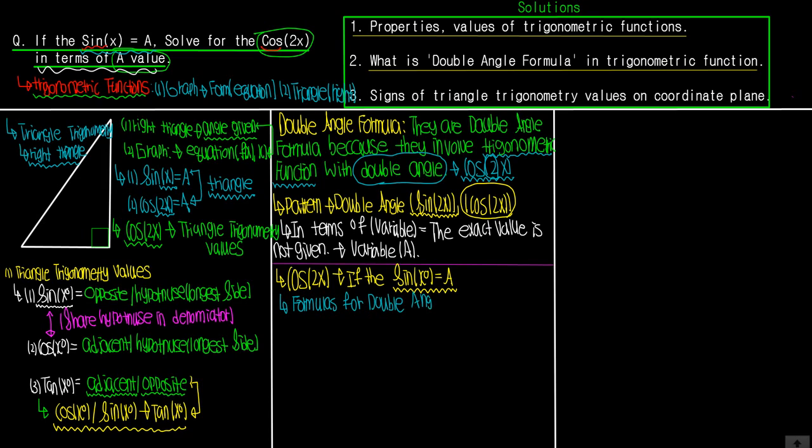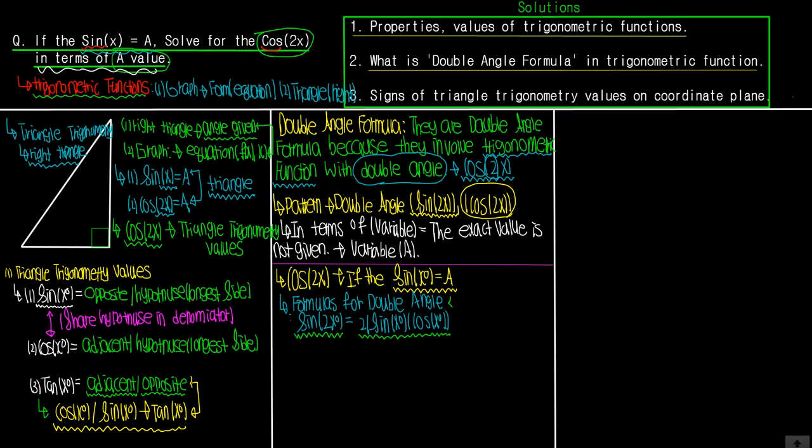Let's get through the sine of 2x first, even though we have learned it in the last few videos. The sine of 2x degrees is going to be 2 times sine of x degrees times cosine of x degrees.